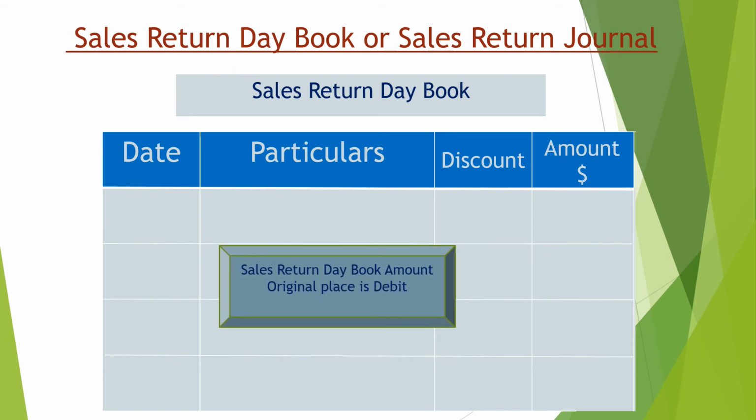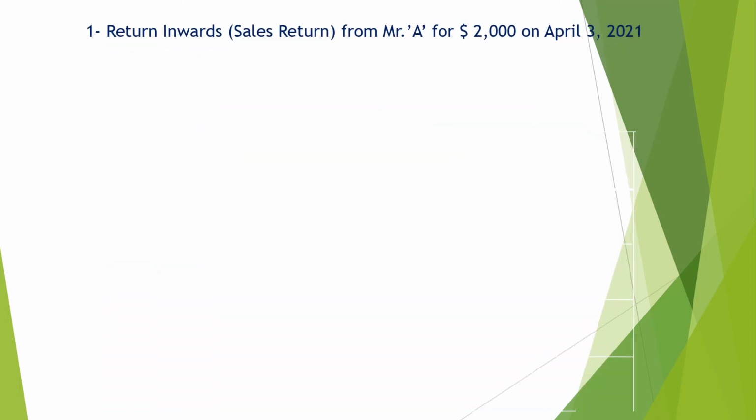The sales return daybook amount original place is debit, just opposite to the sales account. Let's record a couple of transactions in the sales return daybook. Transaction number 1: return inwards, or sales return, from Mr. A for $2,000 on April 3rd, 2021.